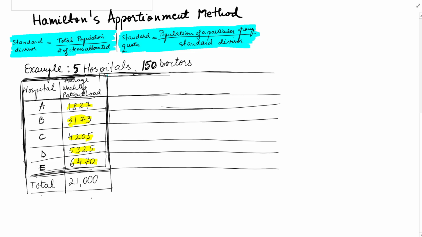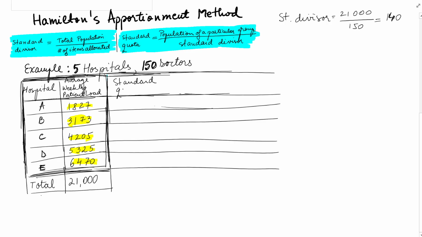So, knowing this information, we can start by calculating the standard divisor, which is the total population, 21,000 patients, divided by 150, because that's what we want to allocate, 150 doctors, and we end up with the standard divisor being 140.